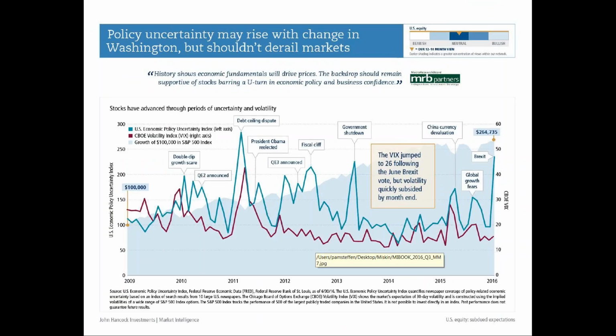All right. On this next slide, so the elections are likely going to cause a lot of policy uncertainty. And one of the things we looked at was an economic policy uncertainty index. So that's the blue line on this.